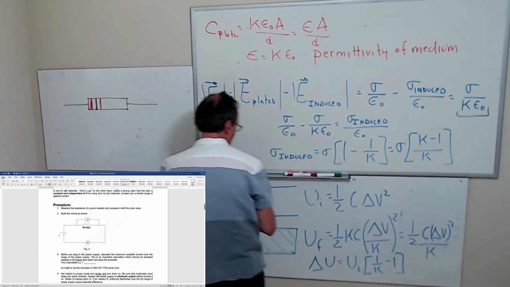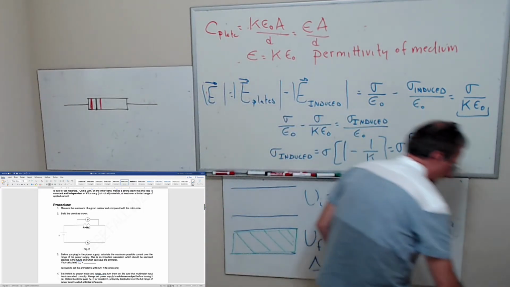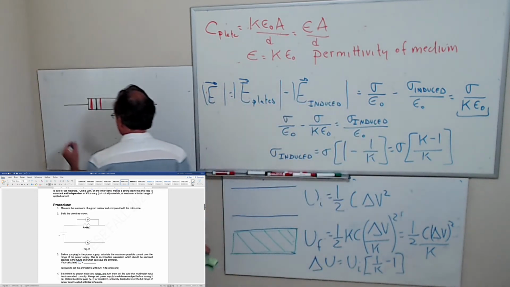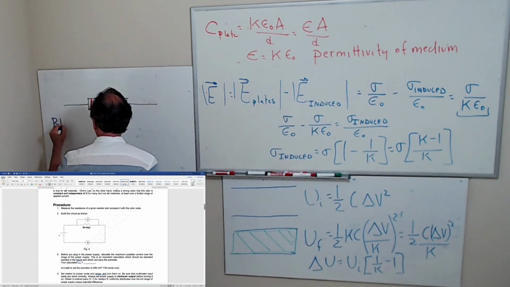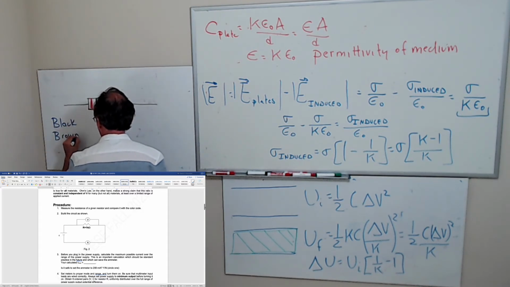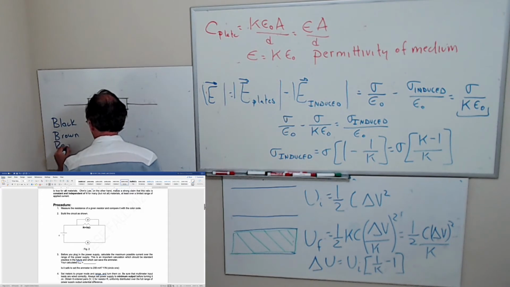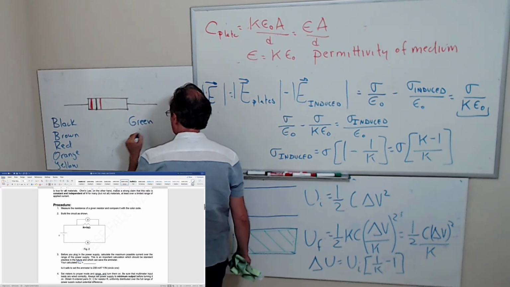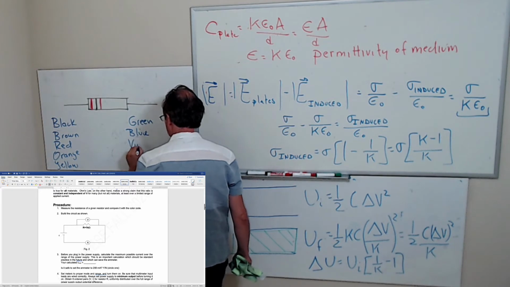But let me tell you what the color code is before I go on. I don't have it memorized, so I know the first few. So the color code is black, brown, red, orange, yellow, green, blue, violet.